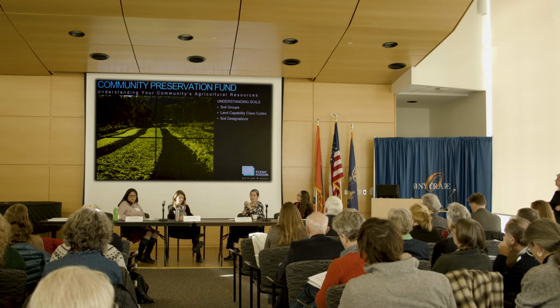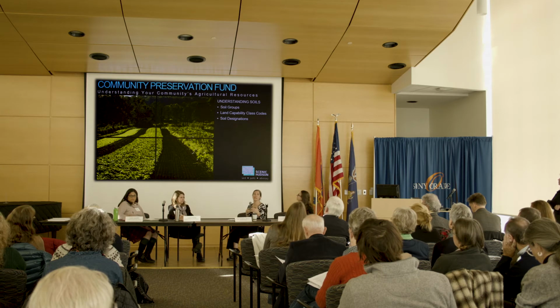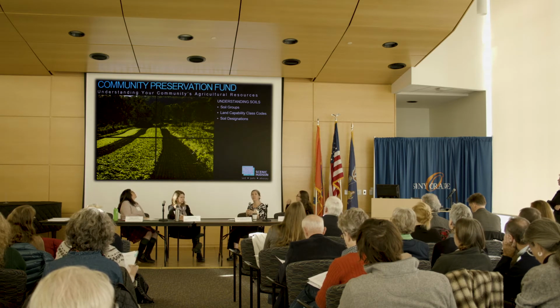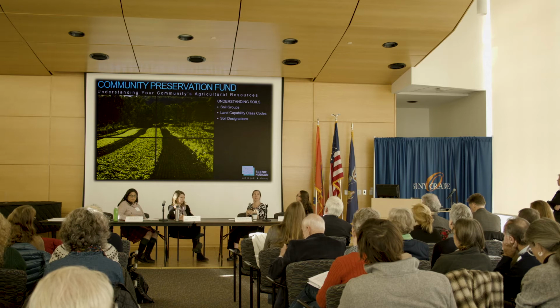And then last, I want to focus in on my last 2 minutes on where I think folks sometimes need a little bit more information in terms of really understanding their agricultural resources. It's one thing to understand the inventory, where your farms are, who's there, who's come and gone historically, but a lot of that is based on the underlying natural resources of your soils and your agricultural infrastructure.